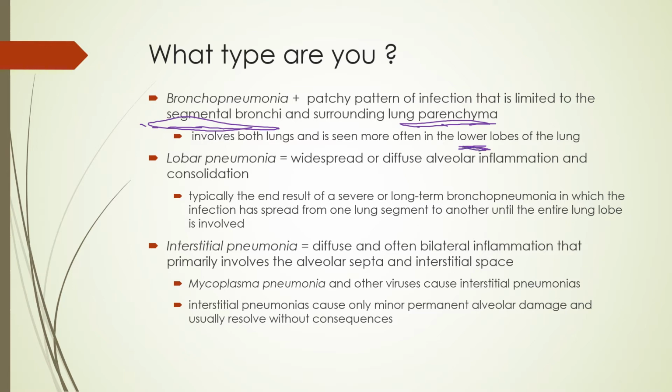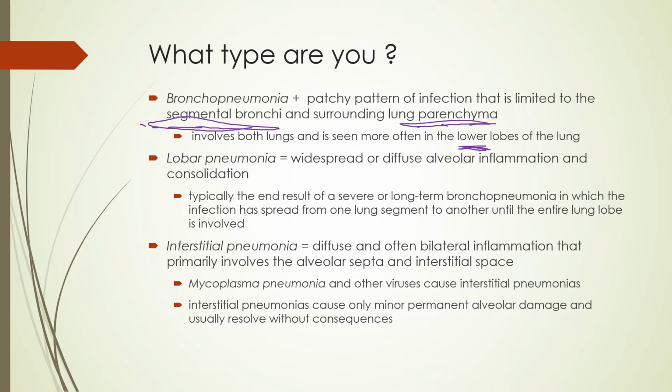Keyword there, of the lung, right? And that's in adults. If you've got a kid that's 6 months old or less that spends most of their time on their back, that's a whole separate case where you might actually see it mostly in their apices, but we're talking adults here, so I'll leave it there. Mostly the lower lobes of the lungs with bronchopneumonia.